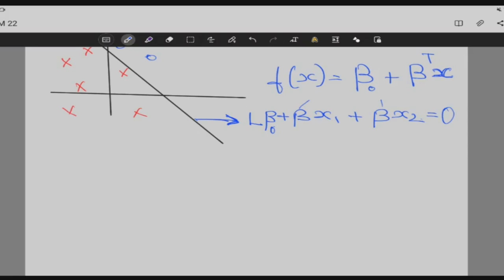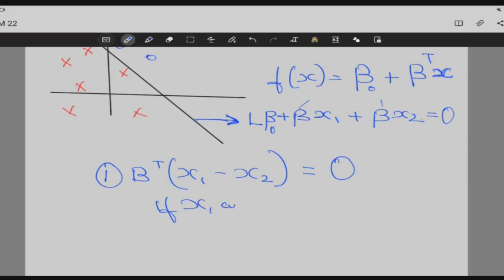So the first condition I'm going to check is, what does this mean? If x1 and x2 both lie on L.